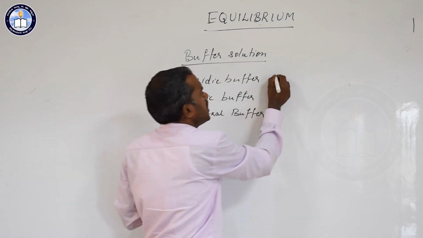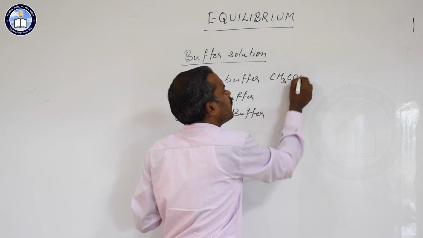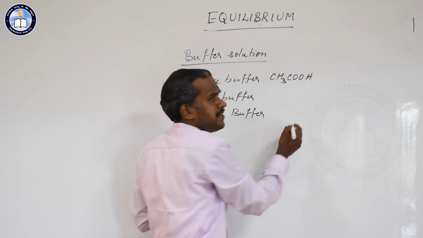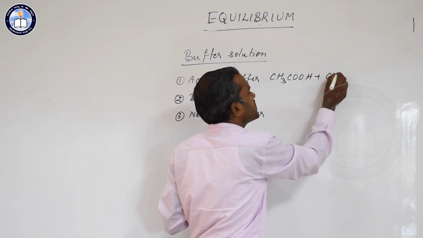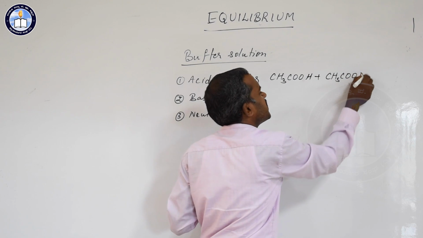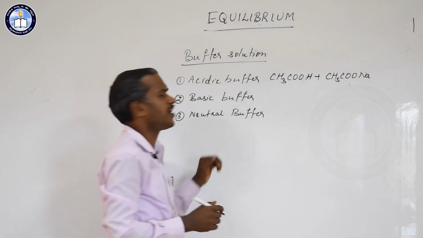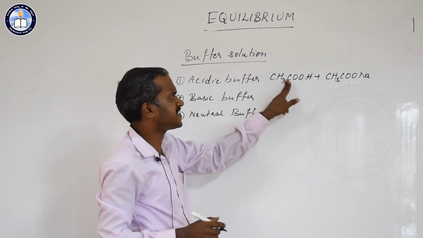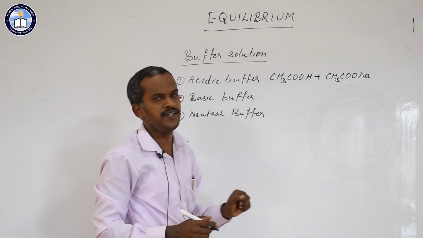Say, for example, if I write CH3COOH, acetic acid, mixed with CH3COONa, sodium acetate, it becomes an example of an acidic buffer. So it is a mixture of a weak acid and its salt with a strong base.